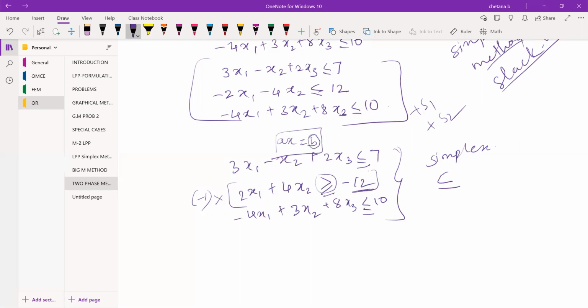This b cannot be negative. So for the big M method also, you need to multiply by -1. If, say, it is +12, not -12, then there is no need to multiply by -1 in the big M method, or in the two-phase method also, because you can easily use the artificial and surplus variables.